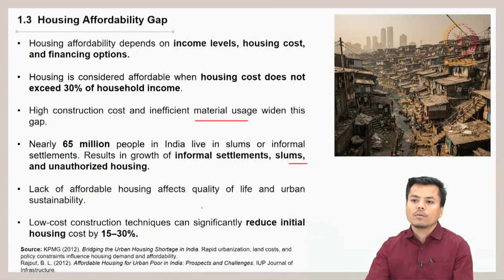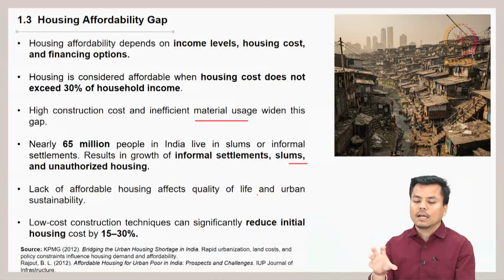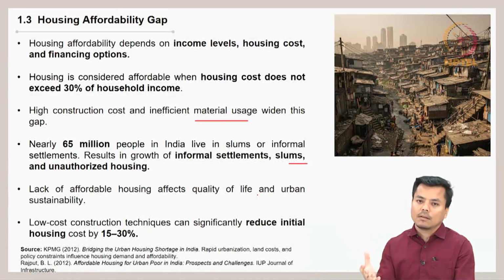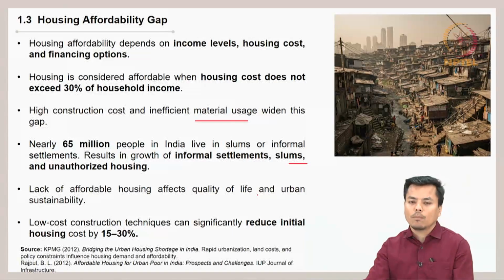Lack of affordable housing affects the quality of life, because a minimum area required for healthy living is defined by the Government of India through NBC, the National Building Code, and through some other policy documents.